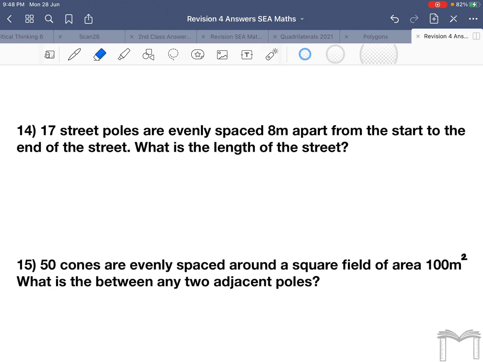Number 14. 17 street poles are evenly spaced 8 meters apart from the start to the end of the street. What is the length of the street? So we need to determine the total length.